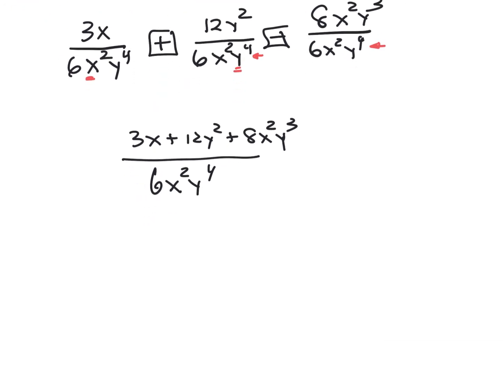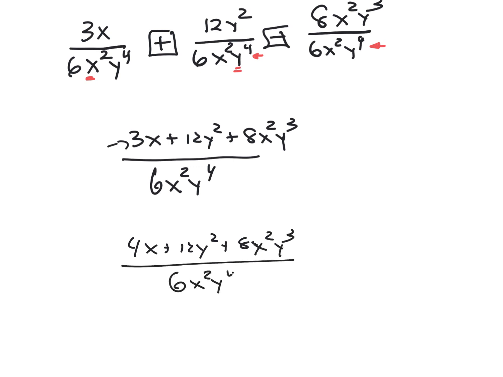If this numerator right here had been a 4x, let's just pretend it had been a 4x, then couldn't I factor out a 4 from each of these? Couldn't I factor out a monomial 4, and wouldn't that leave me x plus 3y squared plus 2x squared y cubed over 6x squared y to the 4th?